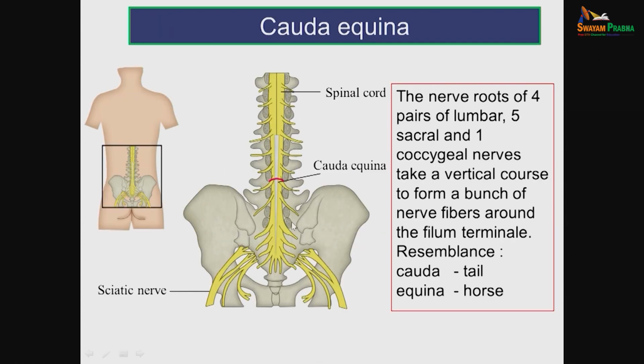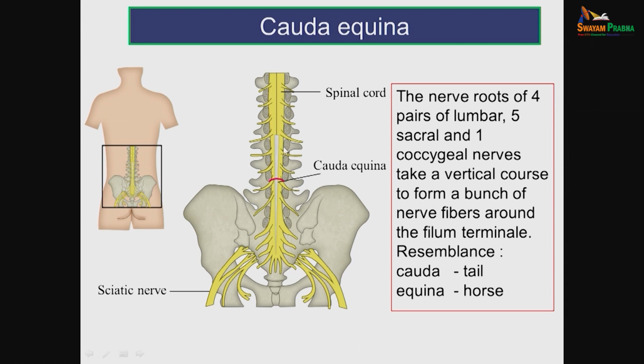These nerves form a bunch around the filum terminale. You can see in this picture, they form a bunch around the filum terminale, which is shown in white color.